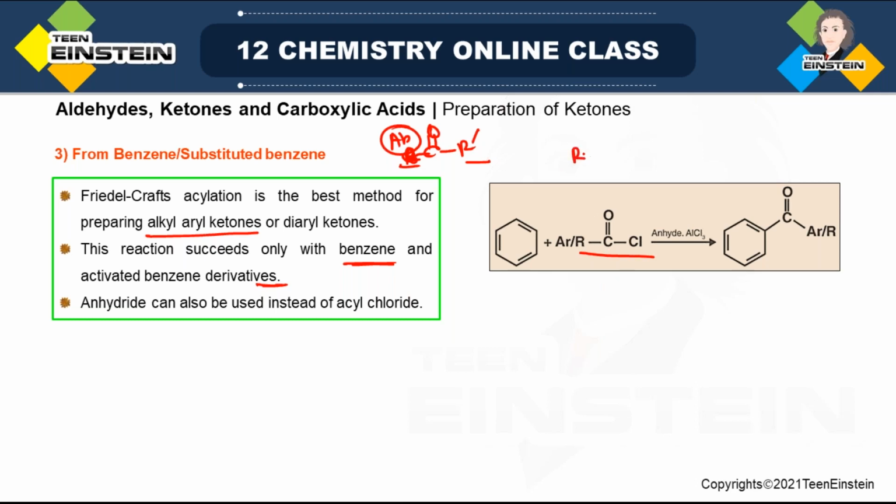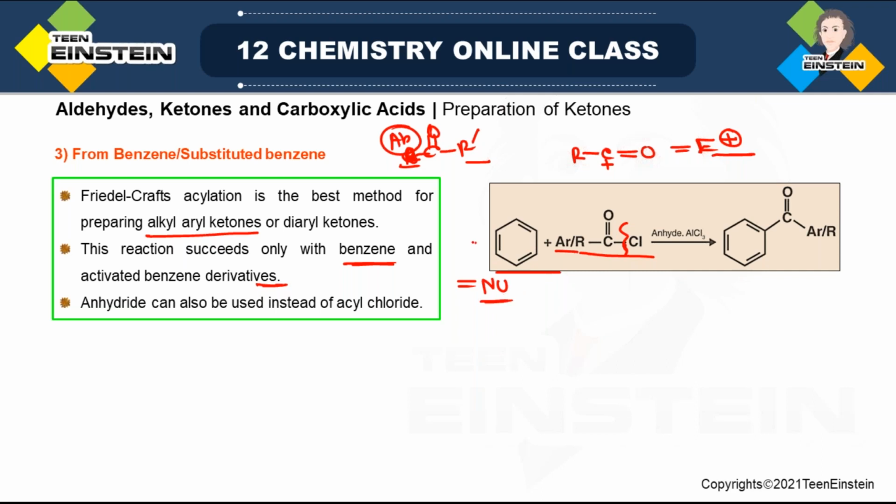Here the actual electrophile is RC+=O, after removal of the carbon-chlorine bond. So this is an example of electrophilic aromatic substitution. Here the electrophile is generated from RCOCl or ArCOCl, and the benzene ring is acting as the nucleophile. So the reaction is between a nucleophile and E+. This is electron deficient, this is electron rich.